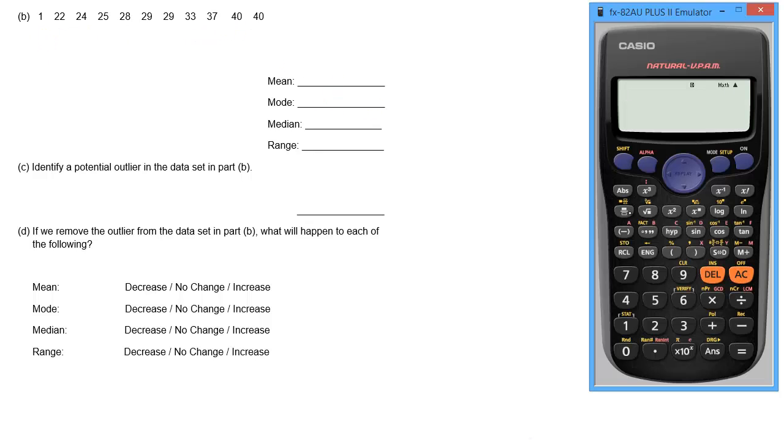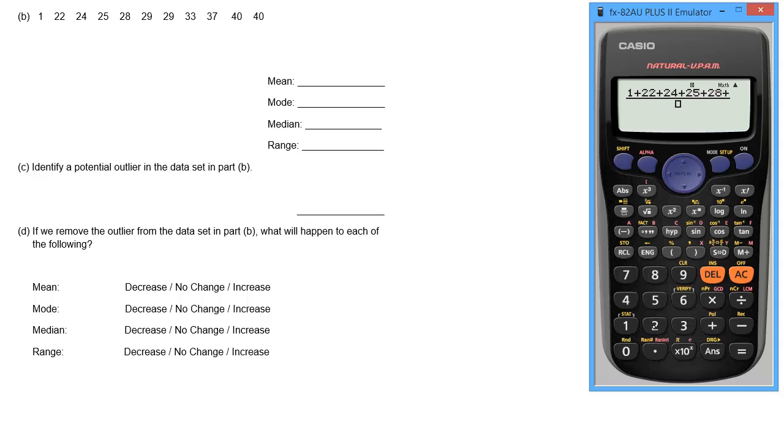So, we're just going to add up the data. So that's 1, add 22, add 24. And then we've got 25, 28.